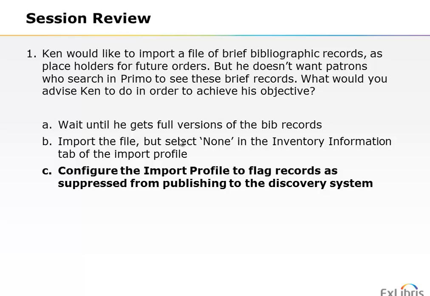Importing the file and creating the bib records, even without inventory, would not in and of itself suppress the bib records that were created from being discoverable in Primo. So the correct answer to this question is C. Ken should configure the import profile and use the management tags to suppress the created bib records from being published to the discovery system.